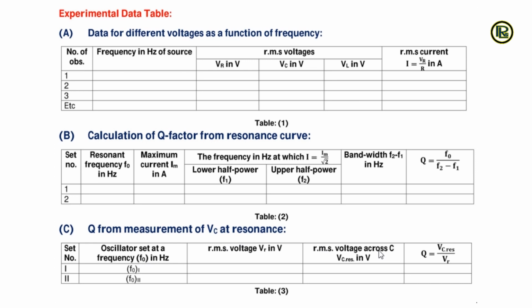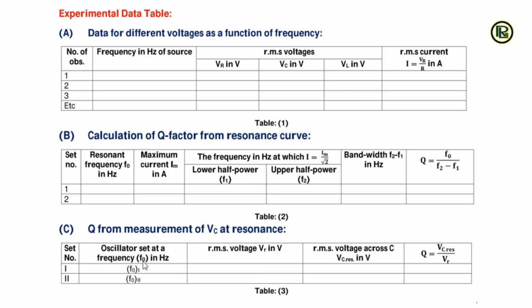Finally, alternate way of getting the Q, quality factor, for the given circuit, that can be obtained by measuring the voltage across capacitor at resonance, and that recording should be done in the following way.